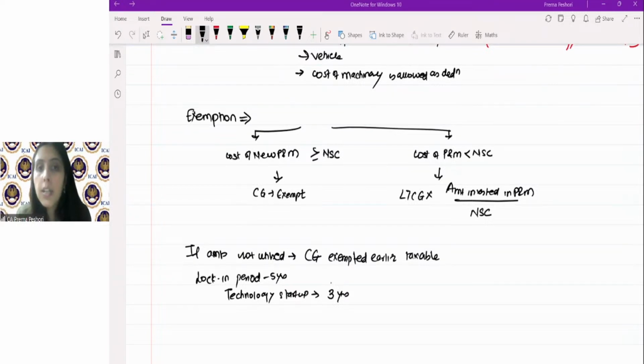The exempted capital gains earlier would be taxable, and this would be in addition to the capital gains on the transfer of shares or plant and machinery. Clear?